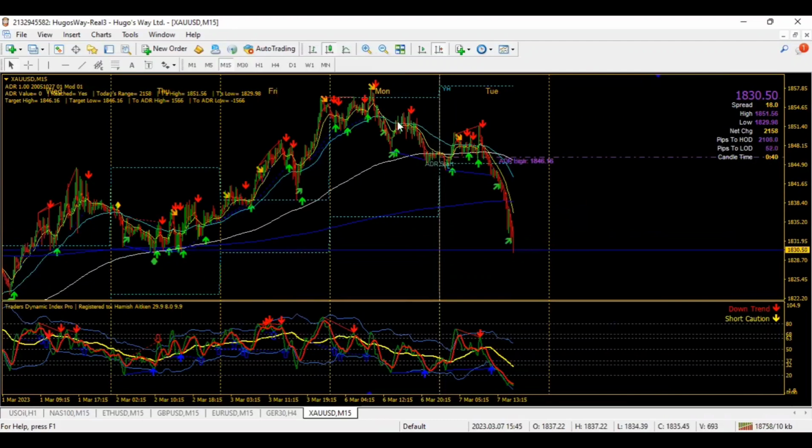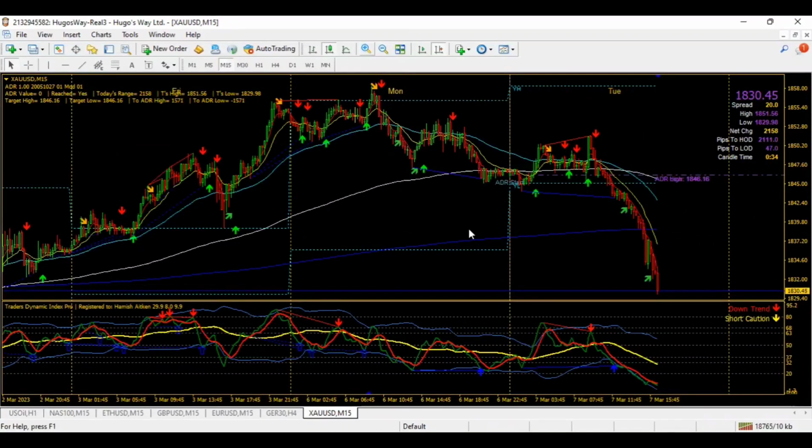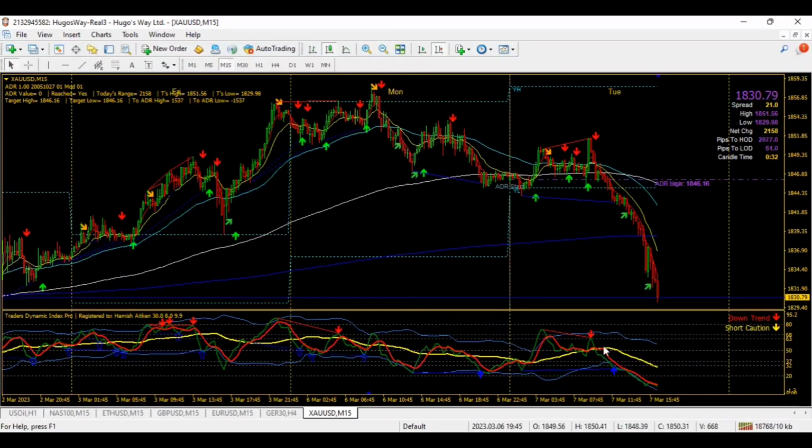One thing about getting in and out of trades is paying attention to the TDI, because it crosses back and forth. Let's see an example. Something like this, where it crossed up for your buy. When you notice it cross back down, you can get out. That's what I want people to pay attention to more than anything.